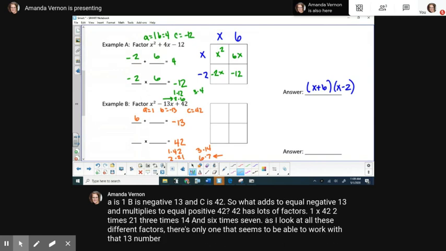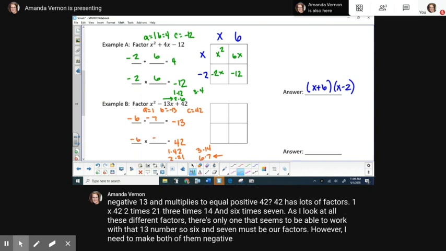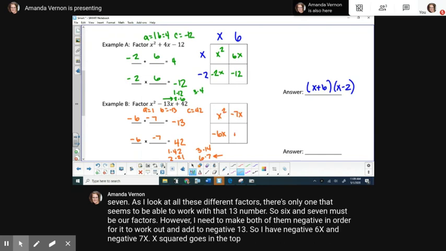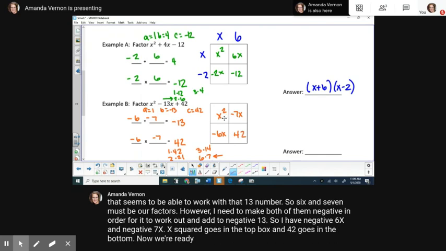So 6 and 7 must be our factors. However, I need to make both of them negative in order for it to work out and add to -13. So I have -6x and -7x. X squared goes in the top box and 42 goes in the bottom. Now we're ready to factor. What times what equals x squared?